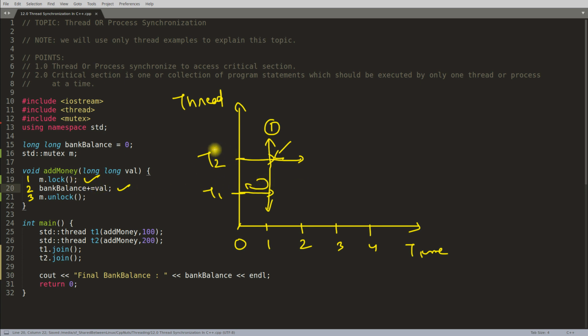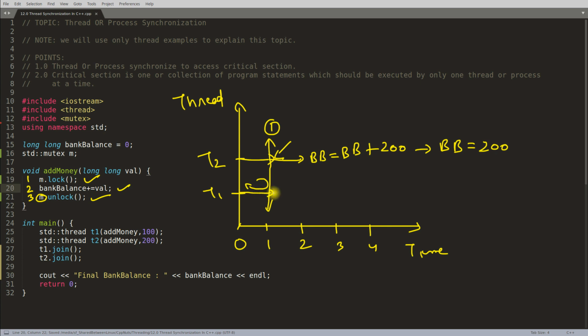So now T2 will reach this bank balance plus equal to value. So here BB is equal to BB plus, as T2 is doing 200, and the result is 200. Okay, now BB is 200 right now. After this update, m.unlock is executed, then that mutex on which T1 was waiting is released.